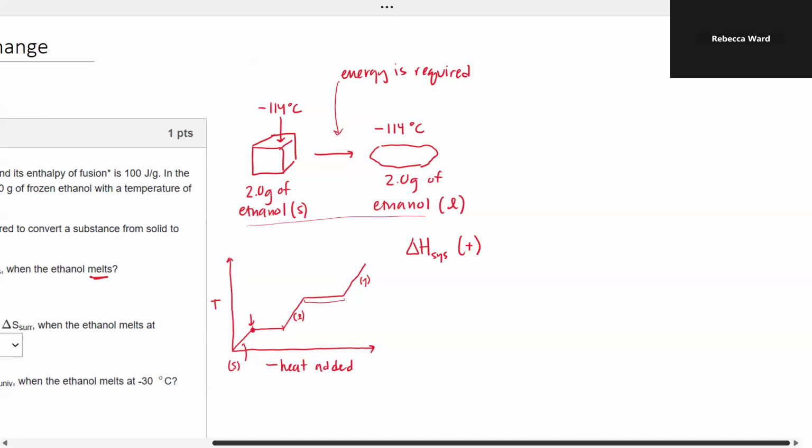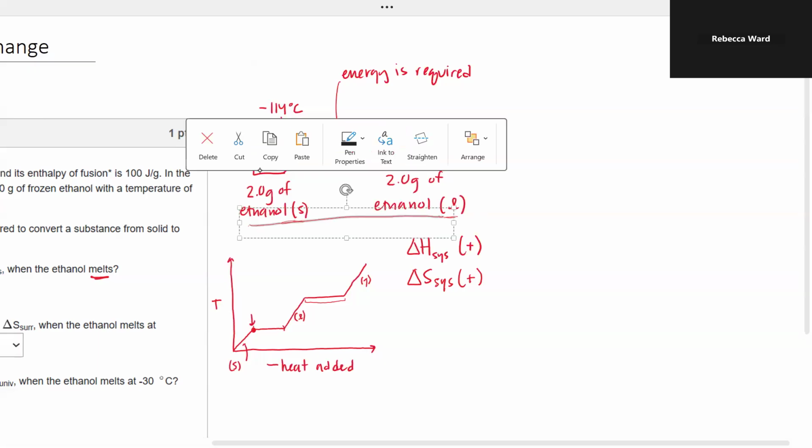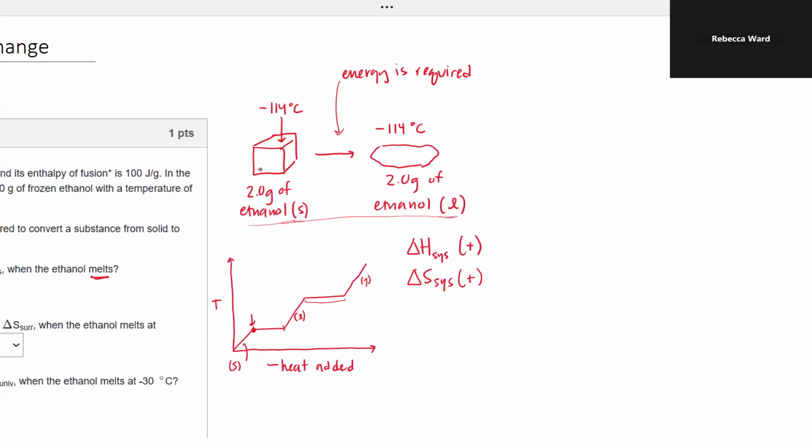And as this happens, we are increasing the entropy of our system. Okay, I know that because I have a lot more microstates when I provide that translational freedom to my ethanol particles in the liquid. Here they're locked into place. You can think about it, they're in some crystal structure where they're all perfectly aligned and they can't move. They can vibrate, but they can't rotate and they can't translate.